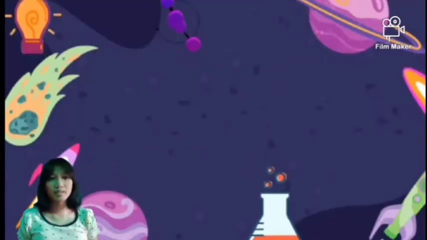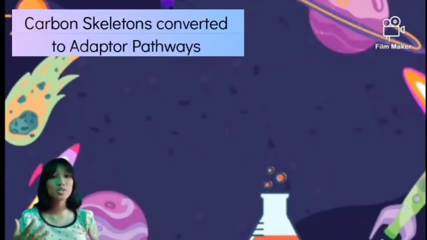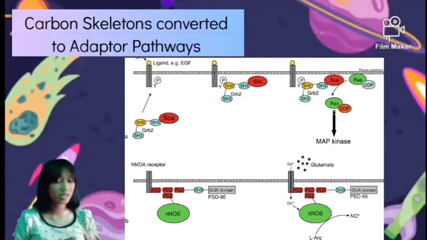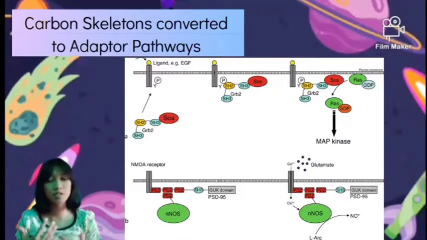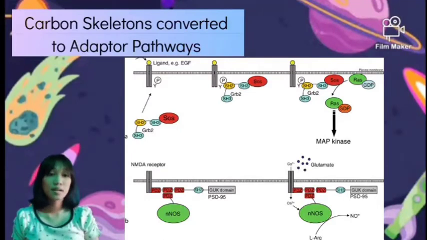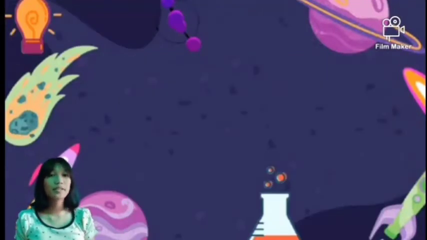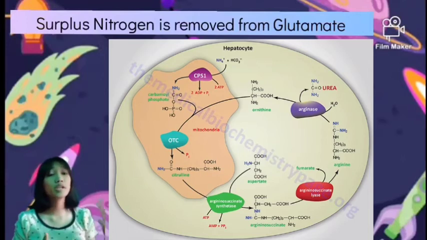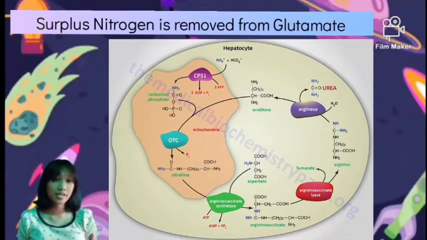The carbon skeletons are converted into intermediates of the mainstream carbon oxidation pathways via specific adapter pathways. Then the surplus nitrogen is removed from the glutamate, incorporated into urea, and excreted.